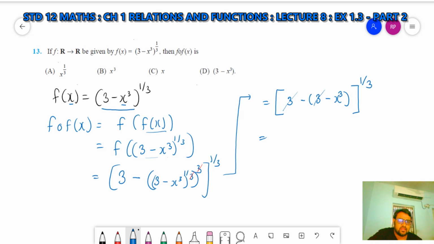So here it will be 3 minus 3 cancel, minus minus plus x cube whole raised to 1 by 3. So again 3 gets cancelled and the answer is x. So C is the correct answer. I can write it down, f of f, that is identity function. So this was about question number 13. So just note it down.